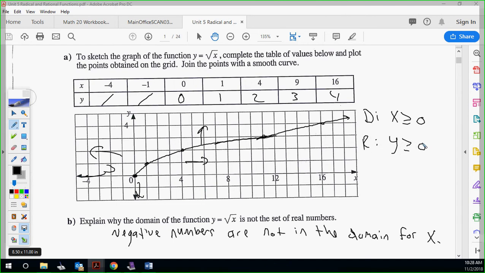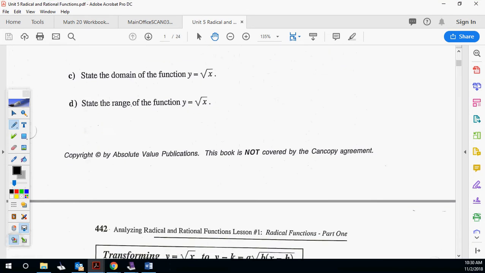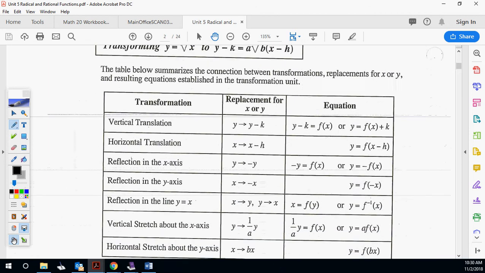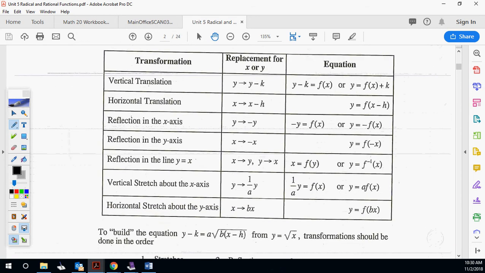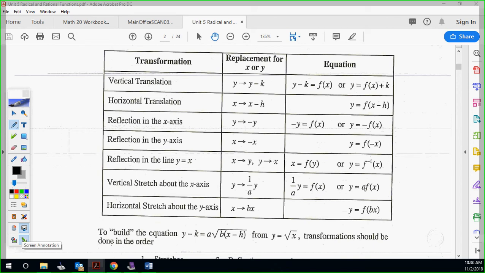All right, so this one they're just going to give you the transformations. What happens when you transform this graph? So we're applying our transformation knowledge. That's why we did transformations in Unit 2. So here's all the transformations we can look at. We're used to all these. So a vertical transformation of these is going to be when you add to the function. So f of x plus k, so it's got the constant on the end, right?